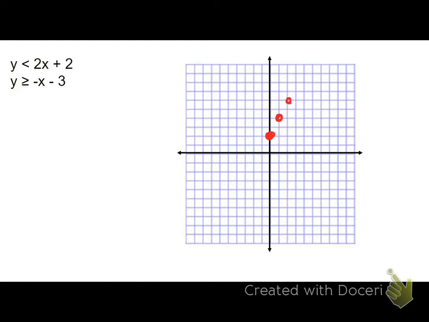What kind of line am I going to have here? Dashed. And my inequality sign is less than. So shade above or below? It's below. That is correct.